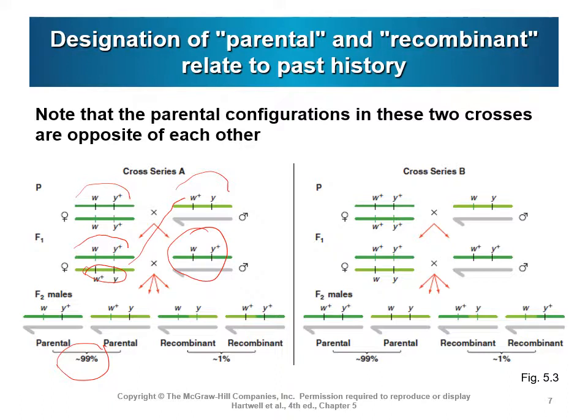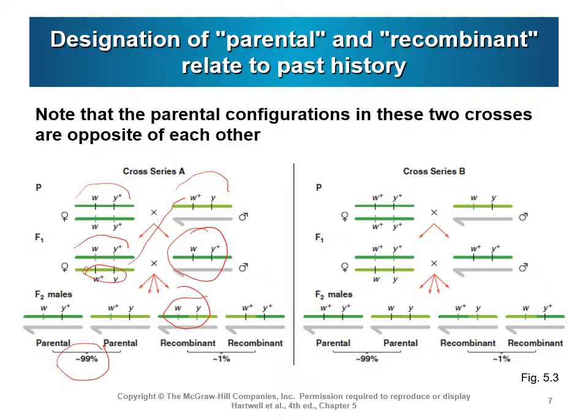There is a 99% chance for the parental appearance in F2 male offspring. There is also about a 1% chance of the recombinant situation, where we will see W Y or W plus Y plus. This is the situation when a fragment is being swapped from a sister chromosome.